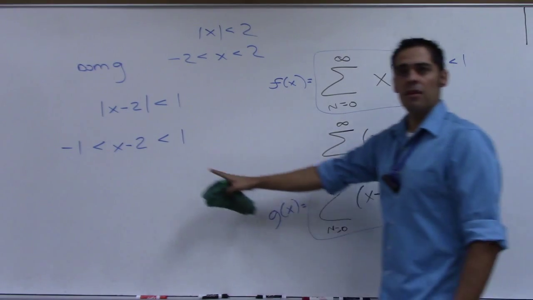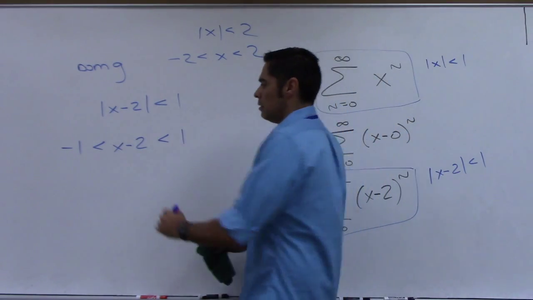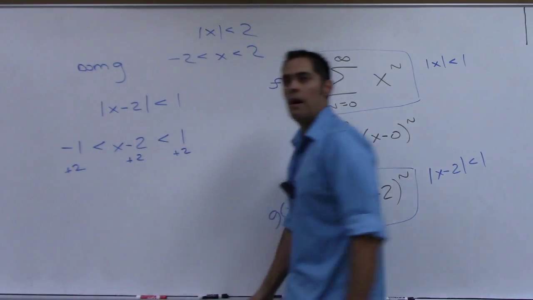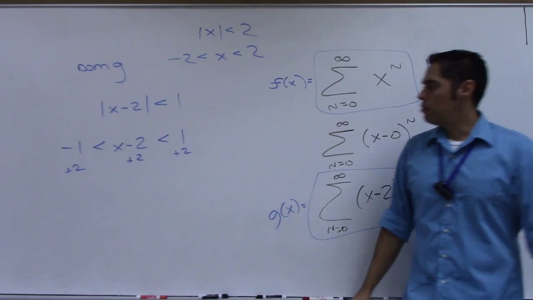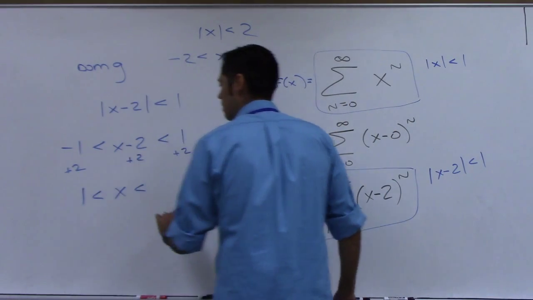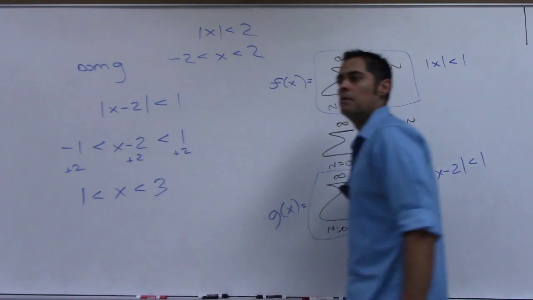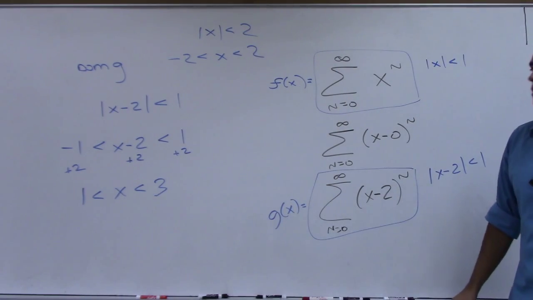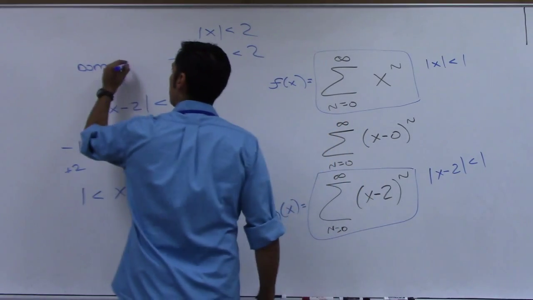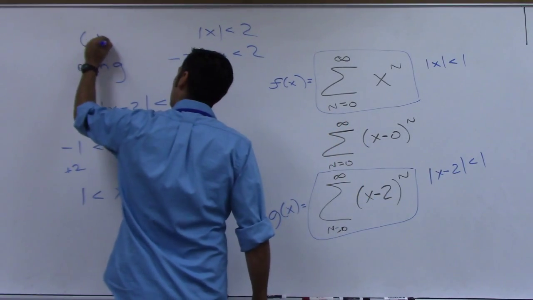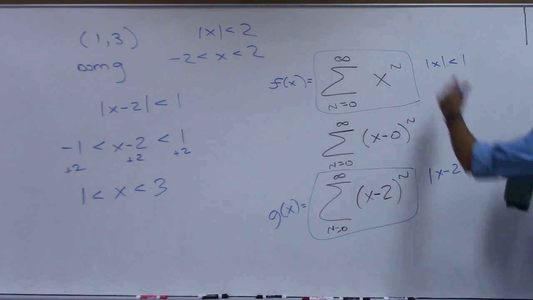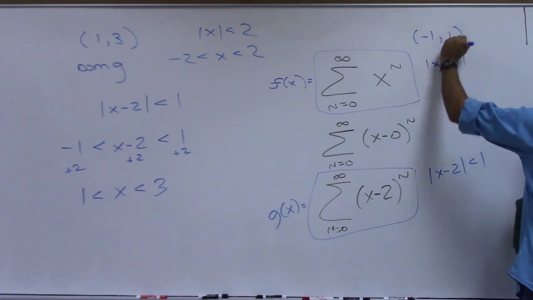Now solve for x here. Add 2, add 2, add 2. Got me? So what do you get? 1 less than x less than 3. So in interval notation, the domain of G would be 1 to 3? What was the domain of this one? -1 to 1.